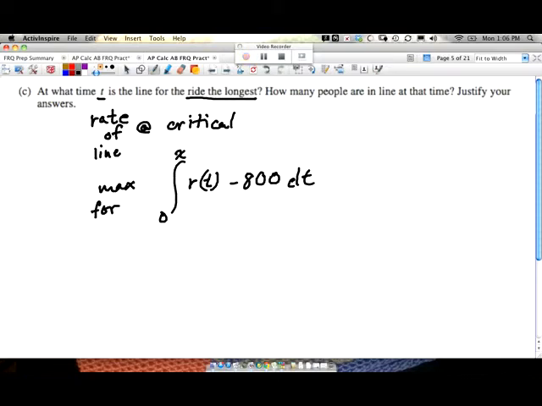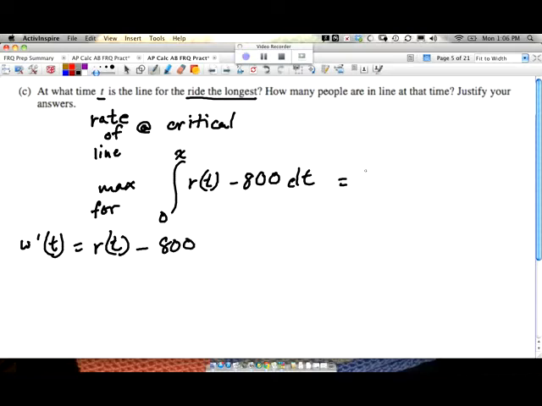And you might be asking, okay, so how do we figure this out? Well, if we were to take the antiderivative of this, let's say that W of t, the total people in line, has W prime of t equals R of t minus 800.